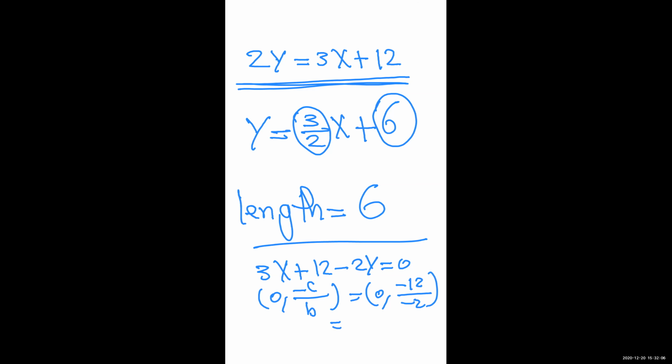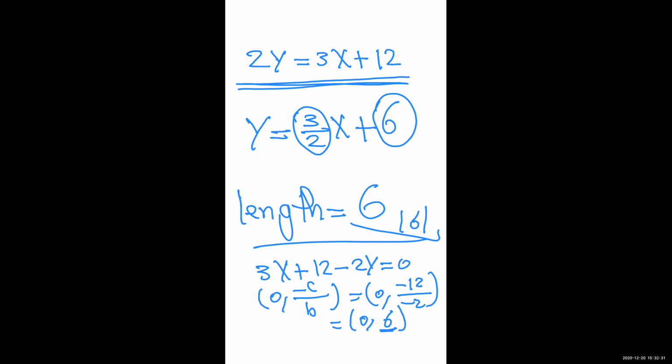So this one will equal the point 0 and 6. So the length will equal the absolute value of this point, which is also 6. So two methods, guys, to solve it. Are we clear? Yes.